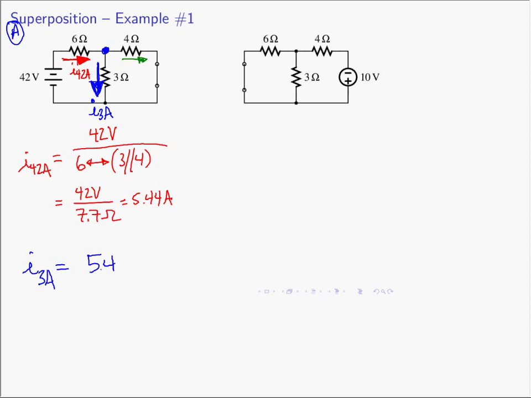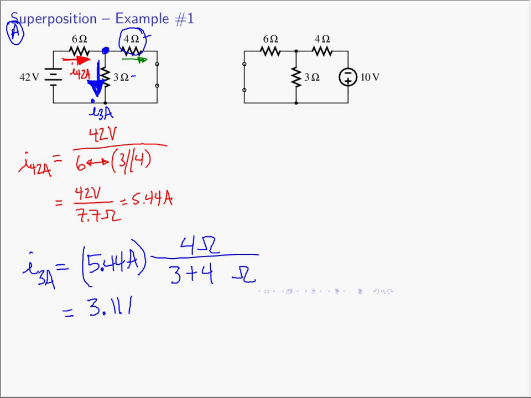It's 5.44 amperes, and that current is being divided between the 4 ohm resistor and the 3 ohm resistor. So I get 3 plus 4 in the denominator. And remember, in current division, if I'm looking for the current in the 3 ohm resistor, the numerator needs the other resistor. So 4 ohms goes up there, and I3A will be 3.11 amperes.